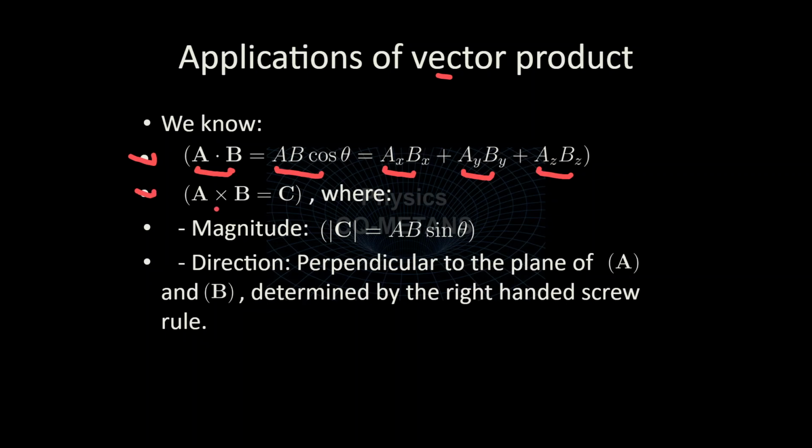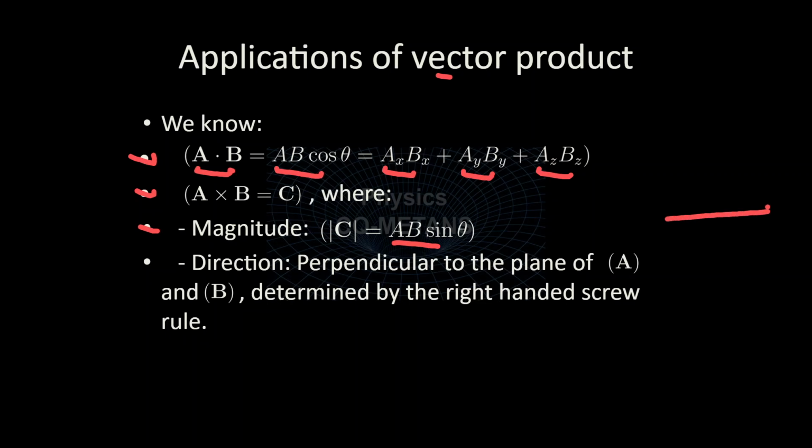And the cross product is a cross b, which is equal to a vector. We know that the cross product of two vectors gives us a vector. So this c is a vector whose magnitude is ab sine theta, and the direction of this vector c, or a cross b, is perpendicular to the plane of a and b.